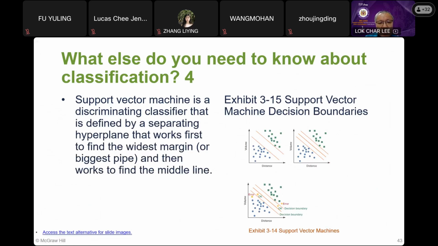You can see that a support vector machine is a discriminating classifier defined by a separating hyperplane that works first to find the widest margin, or biggest pipe, and then works to find the middle line. So this kind of classifier, you will see in many research papers.